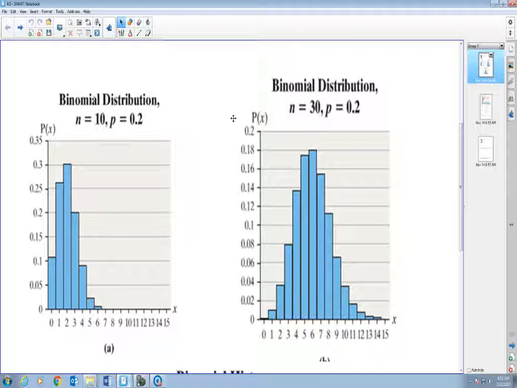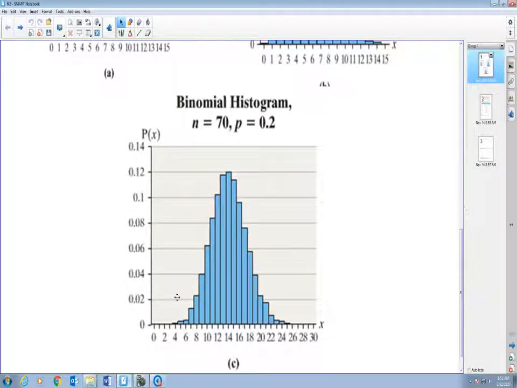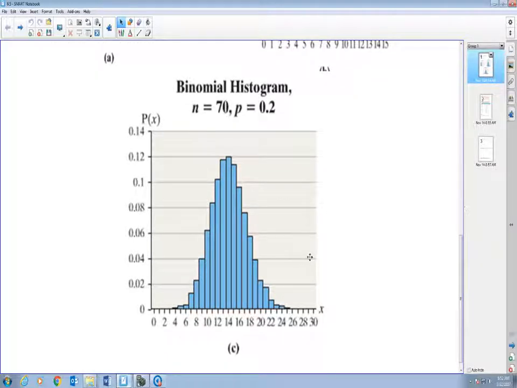So as I increase my number of trials, eventually my binomial distribution will look more and more approximately normal. So what we're going to try to do in this lecture video is learn how to use the normal CDF to approximate the binomial distribution.